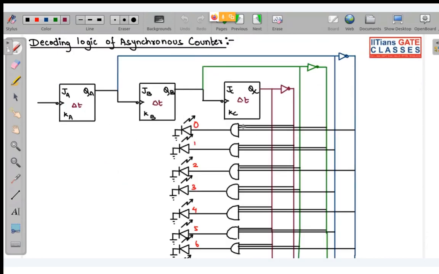Okay, now let us see the decoding logic of an asynchronous counter. So you can see that this is your asynchronous counter. Tell me one thing, is this an up counter or a down counter?